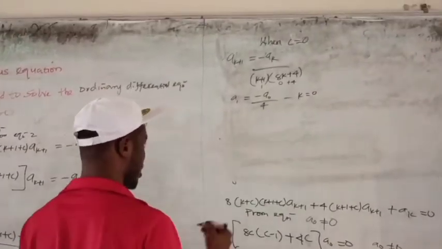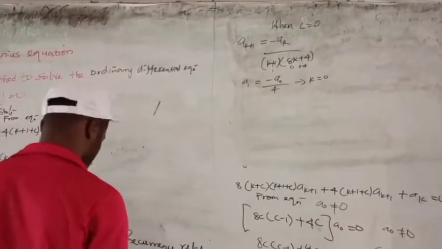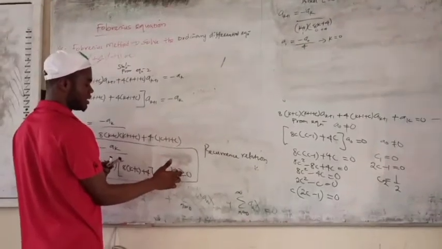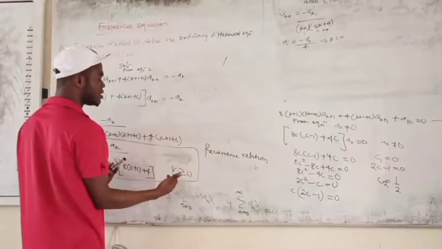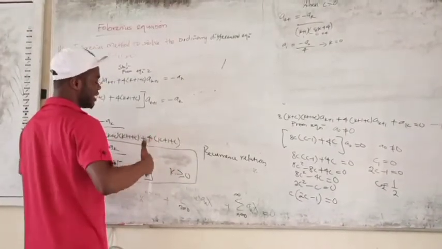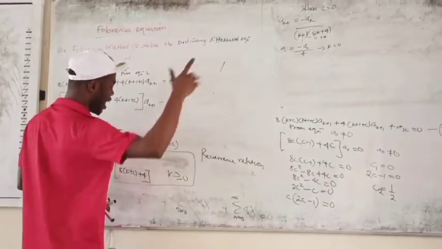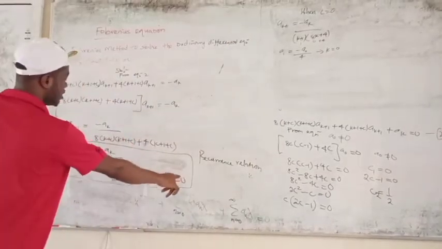Now let's do for when k is equal to 1. When I say greater than or equal to 0, it means the value should not be less than 0. It should start from 0 and above. So when k is equal to 0, I've done that.